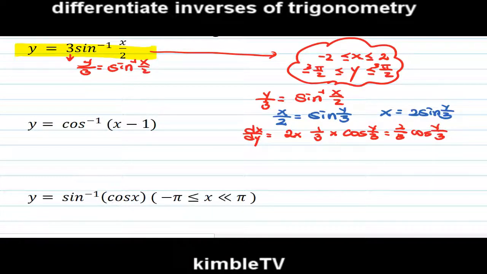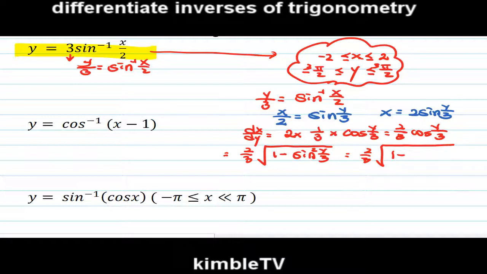The cos of y/3 is the same as root of 1 minus sine squared of y/3. As you know, the gradient of the tangent to y equals sine inverse x must be positive. Therefore 2/3 times the positive root of 1 minus sine squared of y/3.